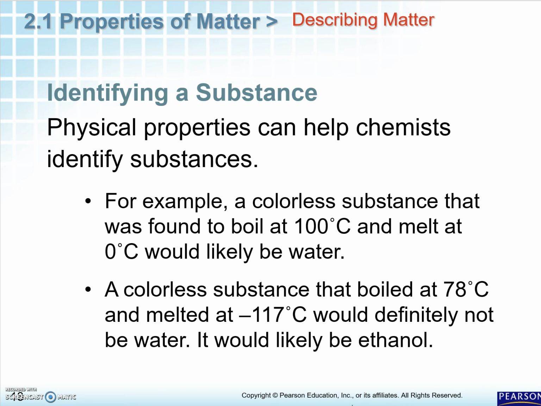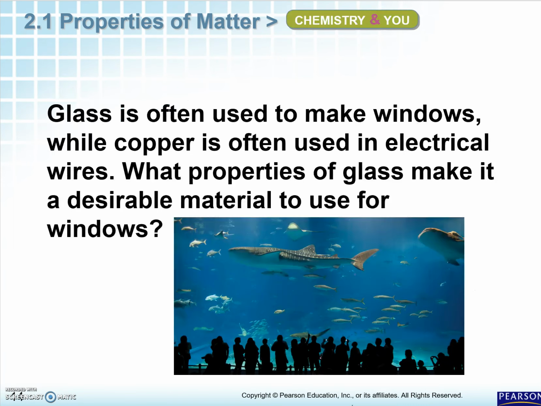We know this because we know that water is only going to melt once it reaches 0 degrees Celsius. Therefore, we can probably make a good guess that it is ethanol, which is kind of like rubbing alcohol. So you can take this example here as a great idea of some of the physical properties.